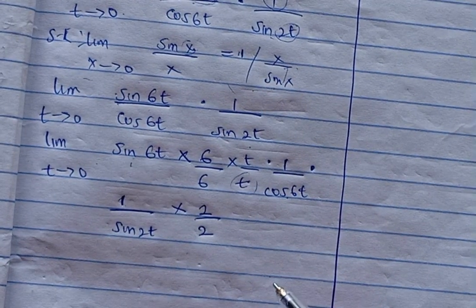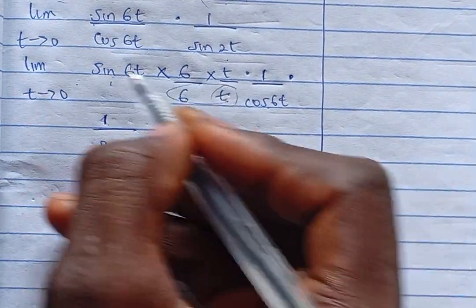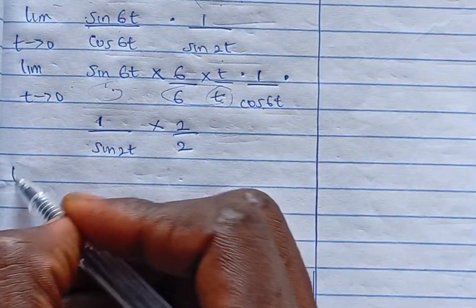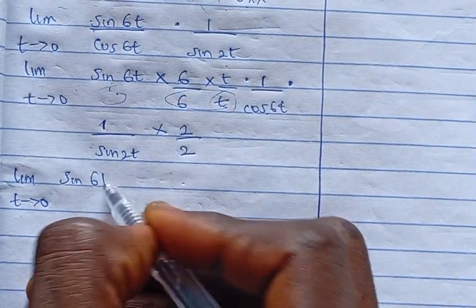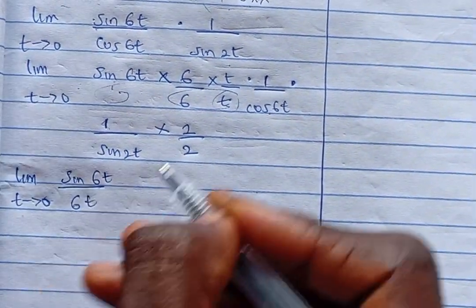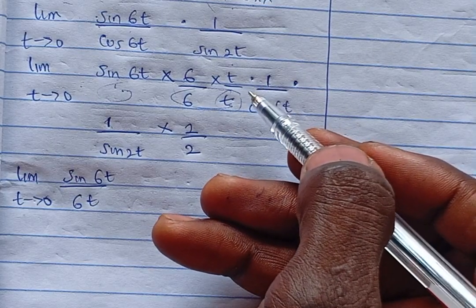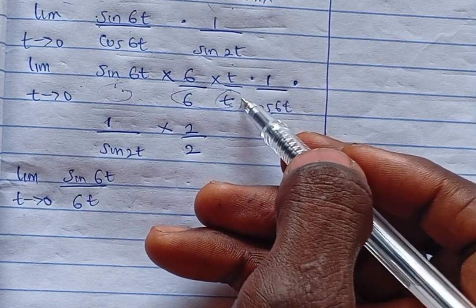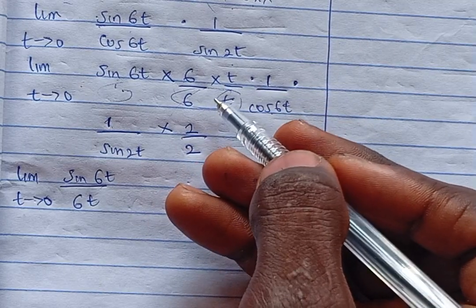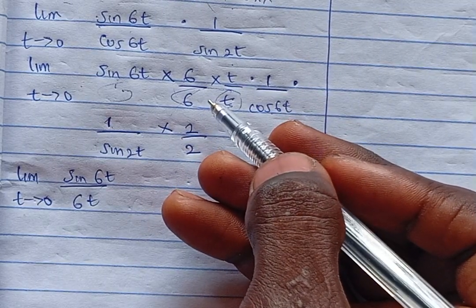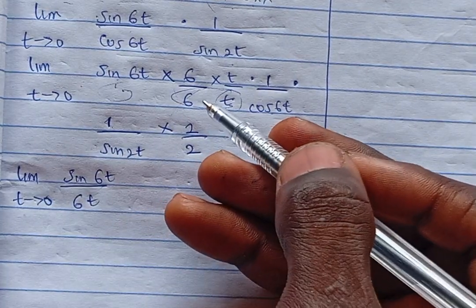Now let's continue. I can pack this 6t here, so it turns to the limit as t tends to 0 of sine 6t over 6t. This is just a normal manipulation. I already told you that you must know how to manipulate, because if I cancel this 6, it will still give me 1, so it doesn't have an effect on the question. It's just for what we want to get, we will need them.